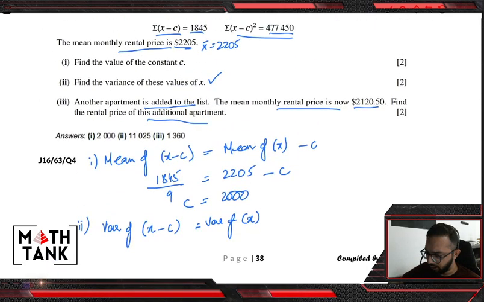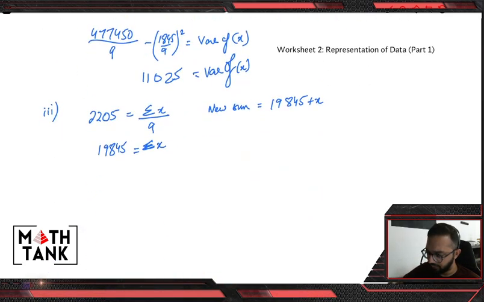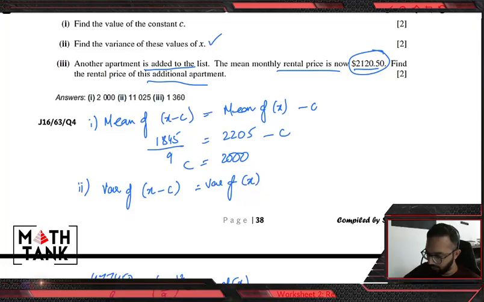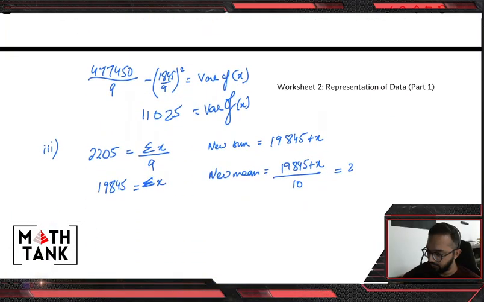I know the new mean 2120.5. So the new mean is basically 19845 plus x divided by 10 equals 2120.5, and then add, subtract, and get my final answer.